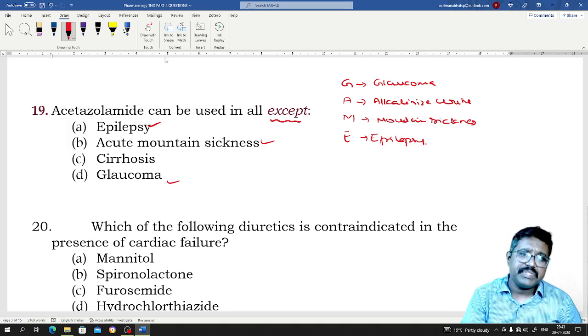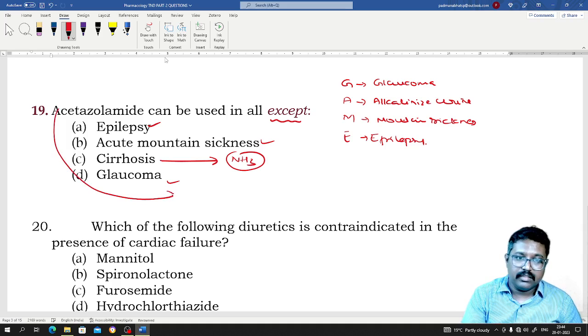What happens if you use it in case of the cirrhosis? So already in cirrhosis, there will be buildup of ammonia levels, and if you give acetazolamide, as you know, it alkalizes the urine. So what will happen to the ammonia levels? So the ammonia will become unionized, more of unionized forms in alkaline medium.